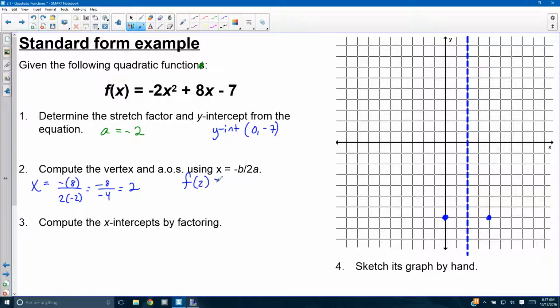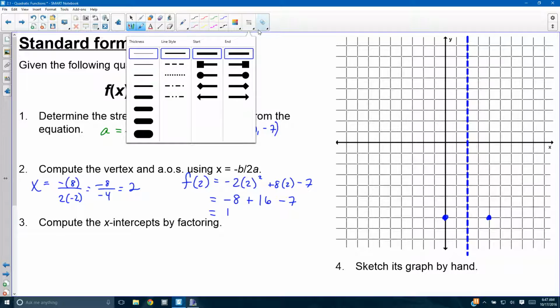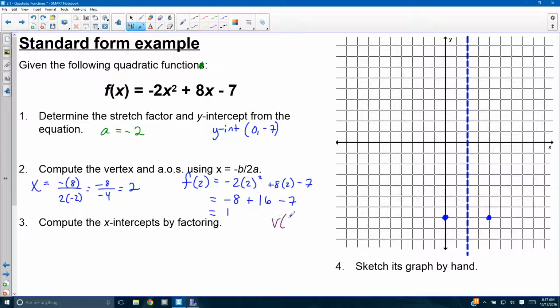Negative 2 times 2 quantity squared plus 8 times 2 minus 7 will give you exactly that. 2 squared is 4 times negative 2 is negative 8 plus 8 times 2 is 16. Negative 8 plus 16 is positive 8 minus 7 is positive 1. So your vertex is at the point 2, 1. Like so. And I can graph that one right there.